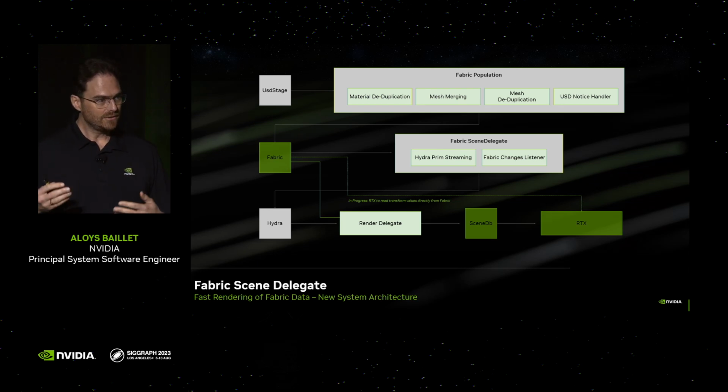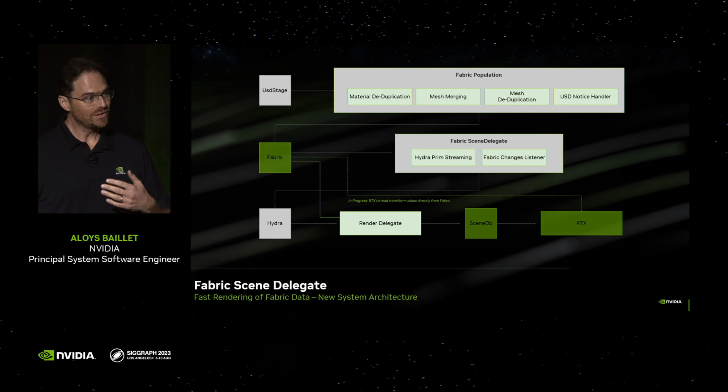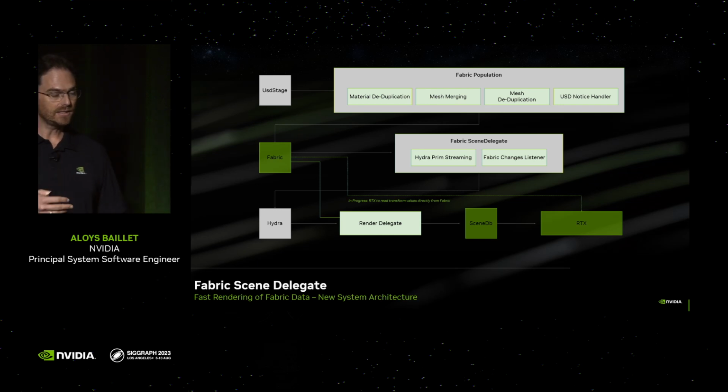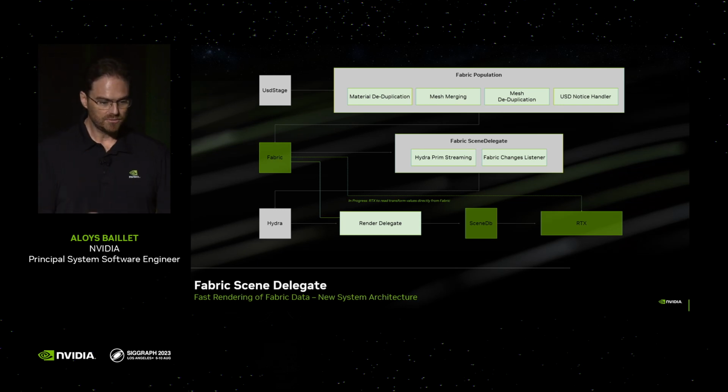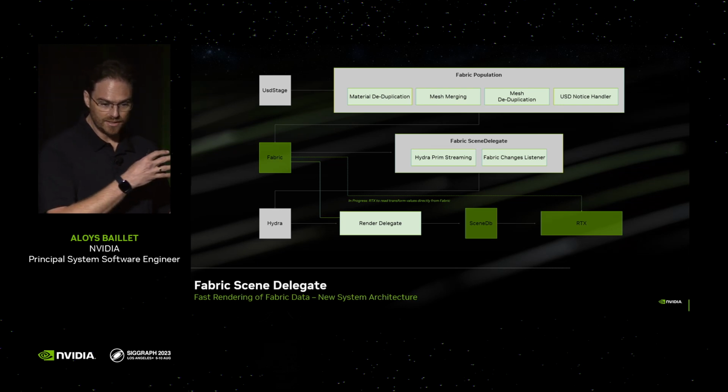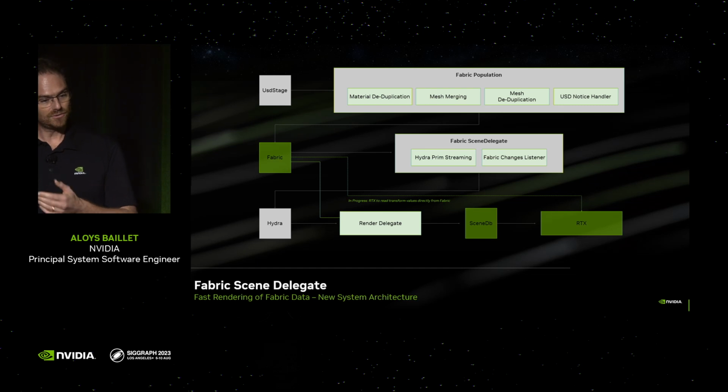We have a USD notice handler that also ensures that the Fabric state is consistent with the USD state. So anything that mutates USD would be reflected in Fabric right away. Once Fabric is fully populated, we then translate that into Hydra.